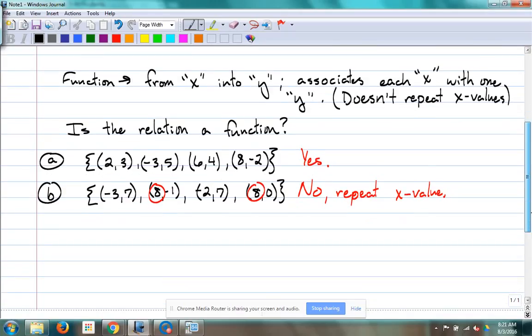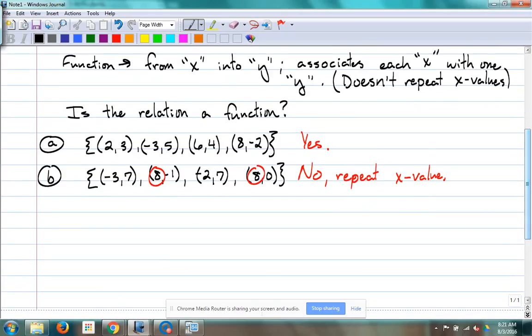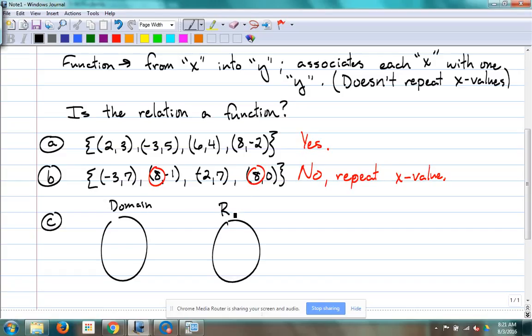Okay, so there's relations that are expressed as a set of ordered pairs. They can also show us a relation using what's called a mapping, where they have one bubble that's the domain and another bubble that's the range. And they just have some numbers in there, so that maybe they've got the numbers 3, 5, and 7.